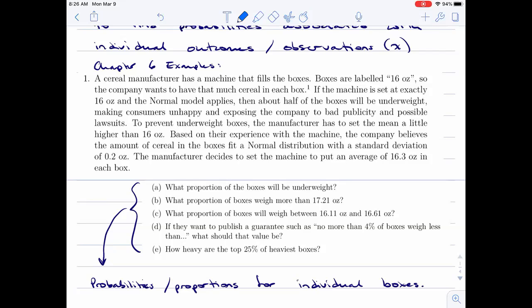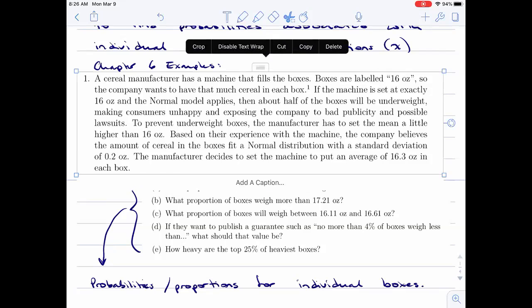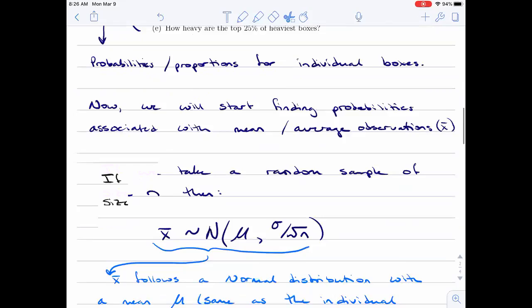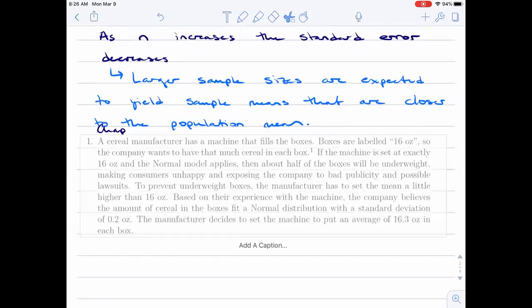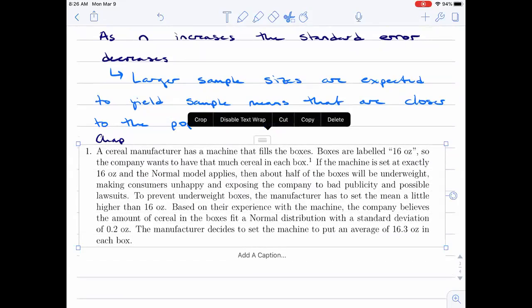Now, what's the probability that you find an average weight less than some amount? And so if we go ahead and refer to this again, it's going to be in here a couple of times, I guess.